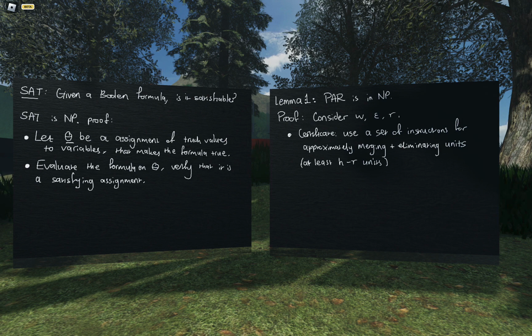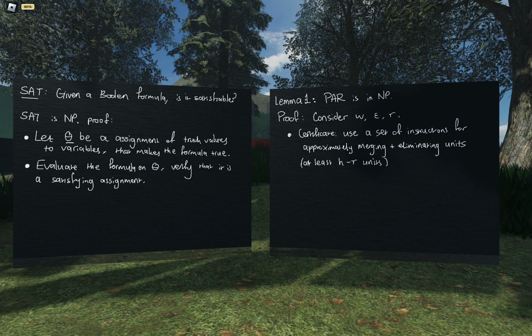I guess, to go back to the previous board, I told you the certificate has to exist if and only if the answer is yes. So hopefully you're satisfied that this kind of certificate is going to exist if and only if the answer is yes, the parametric approximate rank of this parameter is at most r.